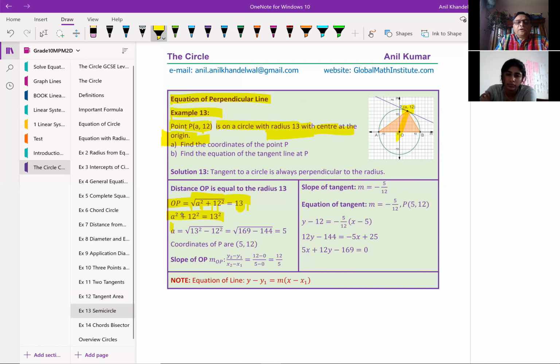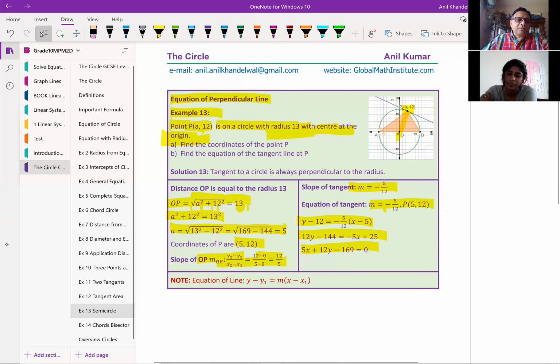When you solve for a, you get the value of a as 5. It is a Pythagorean triple, if you remember: 5, 12, 13. So the point is (5, 12). Once you know the point, it's very easy to find the slope and the negative reciprocal of the slope. You know the point, so you can find the equation of the tangent. Clear?